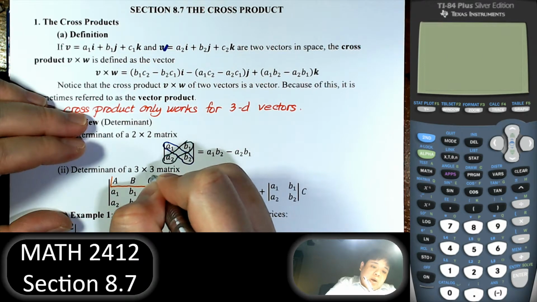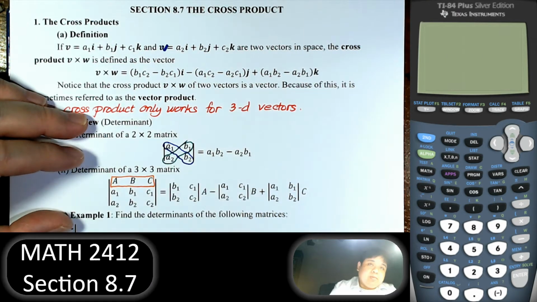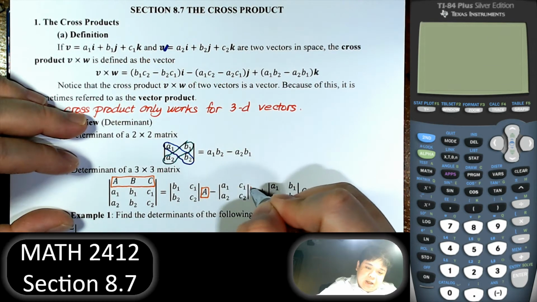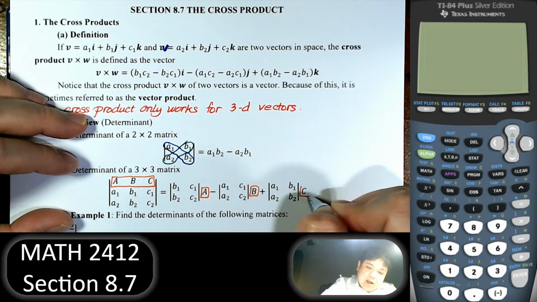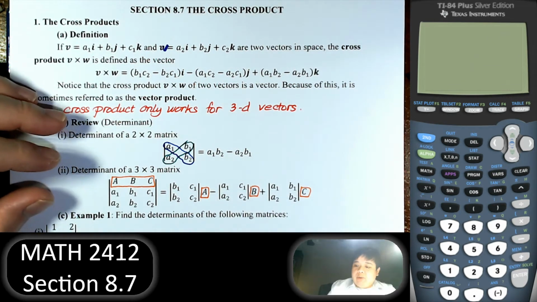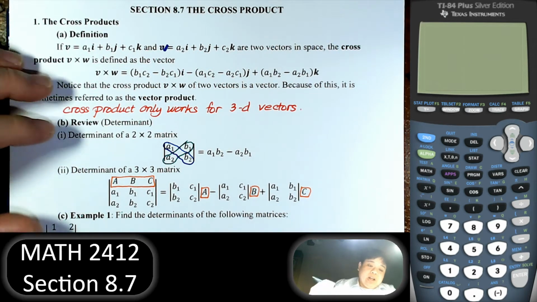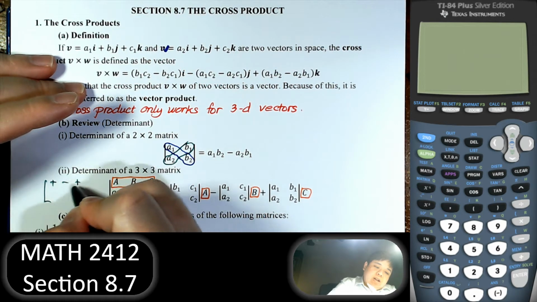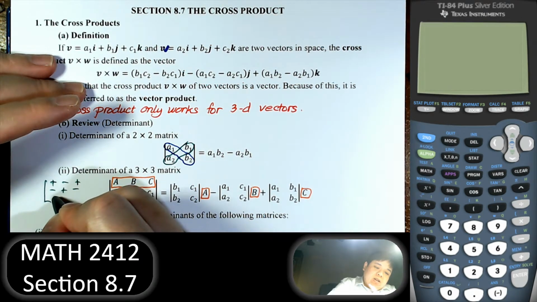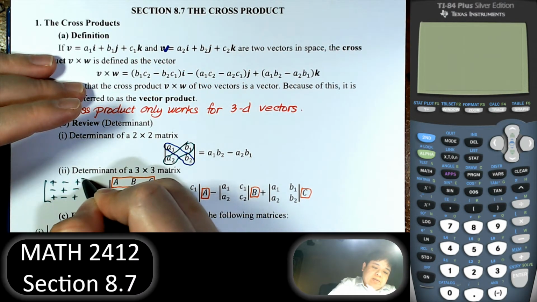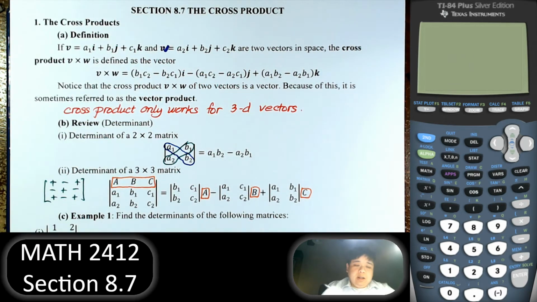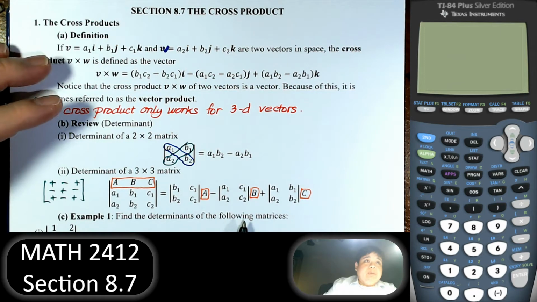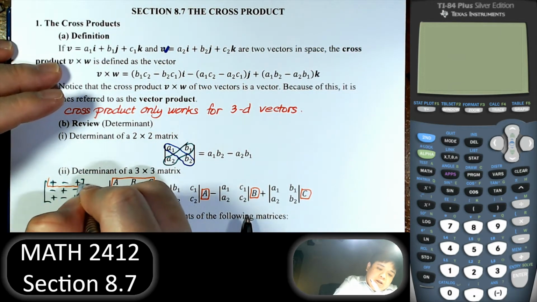In this case, we will pick the first row, so then we have A, B, and C. Once you pick the first row, the sign chart associated to that, kind of like a chessboard, is plus, minus, plus, minus, plus, minus, plus, minus, plus. So for the first row, the signs will be plus, minus, and plus.